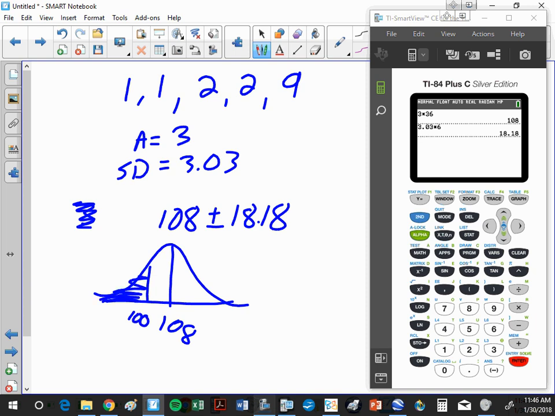Should I use edges? Definitely. You definitely want edges. So am I going to use 99.5 or 100.5? 100.5. So 100.5. How far is it from 108 to 100.5? Negative 7.5. So negative 7.5 divided by the SE, 18.18, negative 0.41. So I'm going to shade norm.